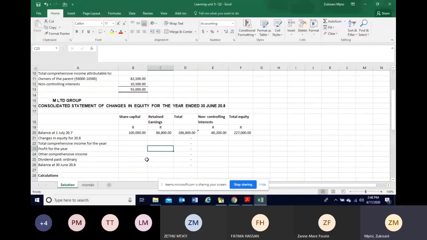So now we must look at how much we have. We already know the current figure is 82,500. We do not have anything for the comprehensive income. And for this one, we already know we've got 10,500. Where am I taking this? Here it is.